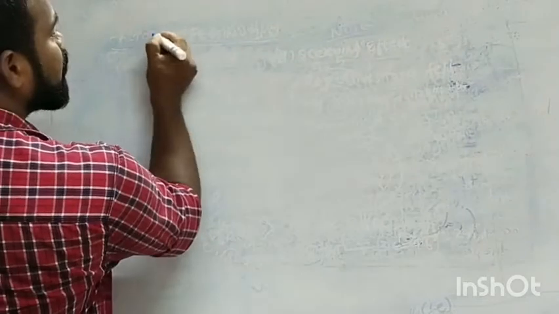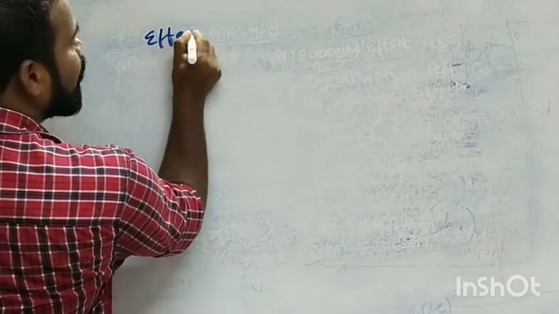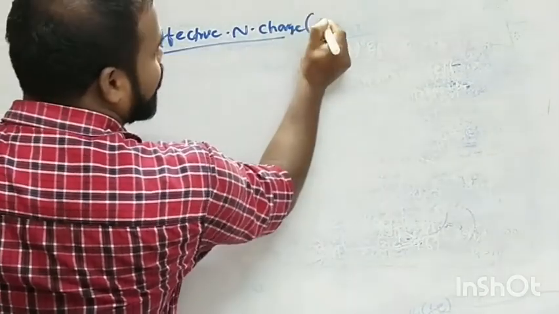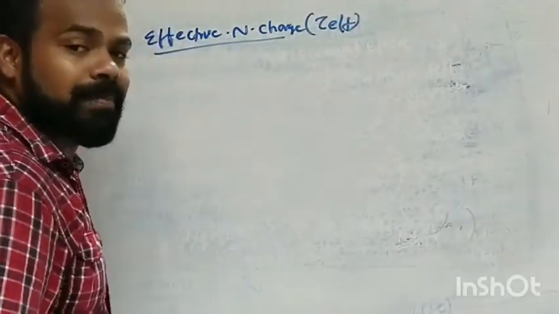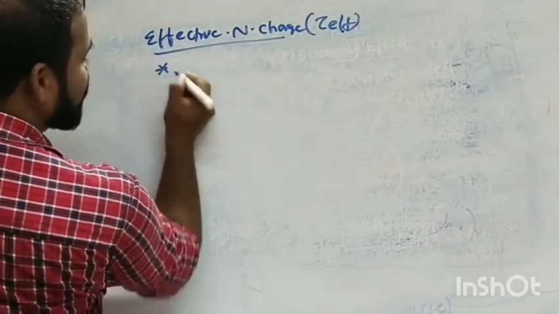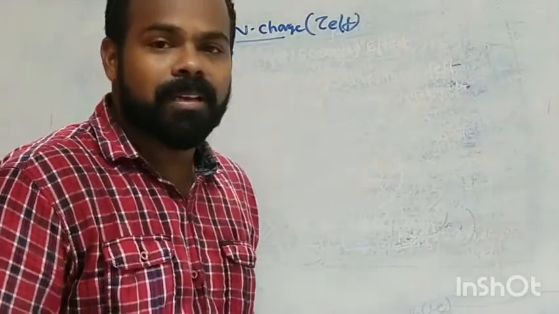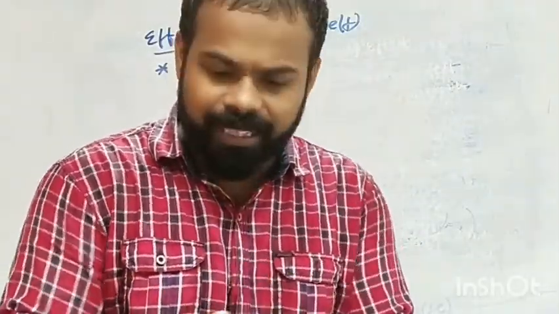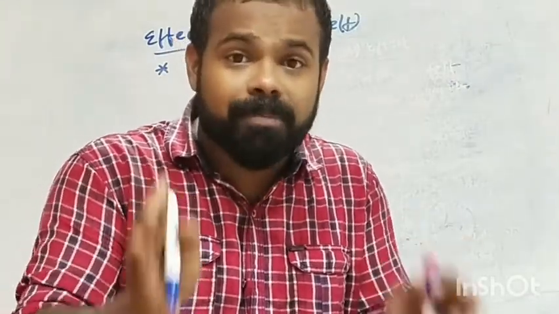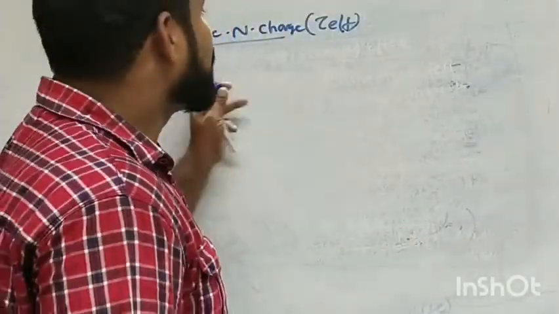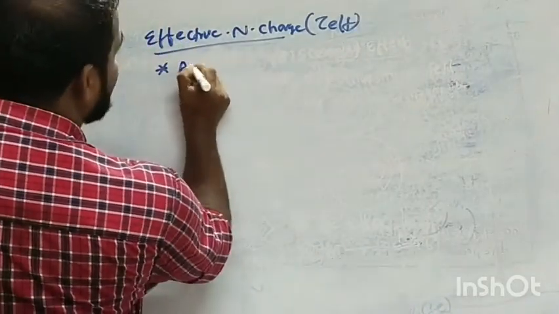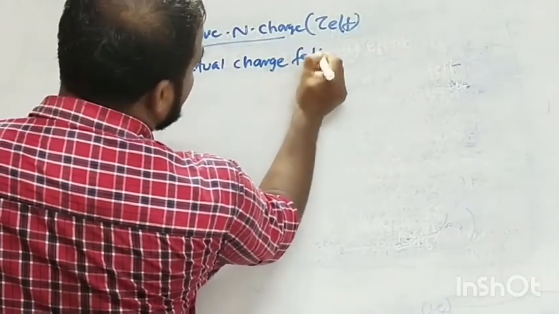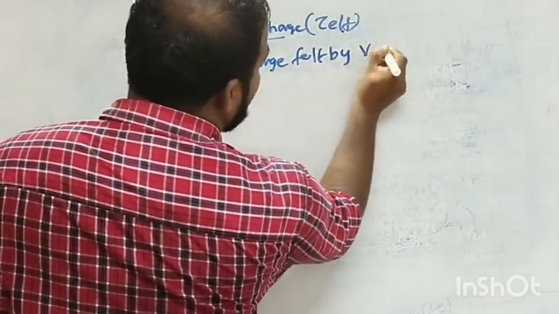Listen here. Next, what is the meaning of effective nuclear charge? Otherwise, Z effective. What do you mean by that? It is the actual charge felt by the valence electron. We want to reduce how much repulsive force is there. Everything we want to reduce. Finally, the outermost electron, how much charge will be felt there? The actual charge felt by the valence electron.